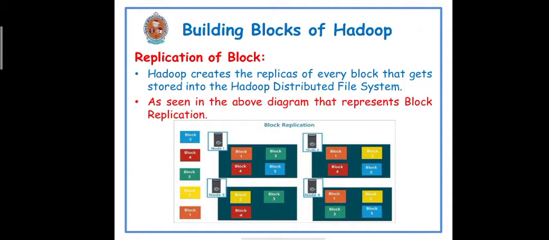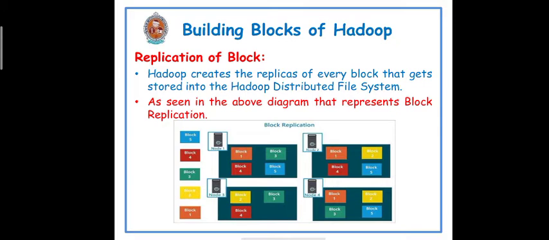As seen in this diagram that represents block replications, there are 5 different blocks of a file, that is block 1, 2, 3, 4, 5. Let's check block 1 first, and you will find copies of block 1 in node 1, node 2 and node 4. Similarly, block 2 also has 3 copies, in node 2, node 3 and node 4.